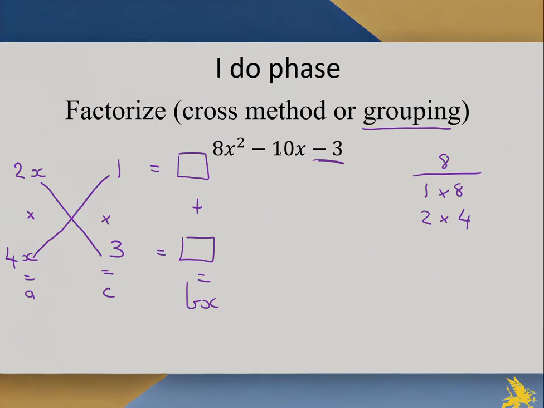Then we need to add up to 10. I can see here 1 times 4, and I can see I've got 2 times 3. So, well, we've only got one negative. So this is going to give us 10 positive, but as soon as I put a negative there, it's not going to equal negative 10x.